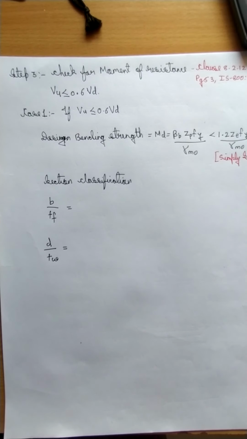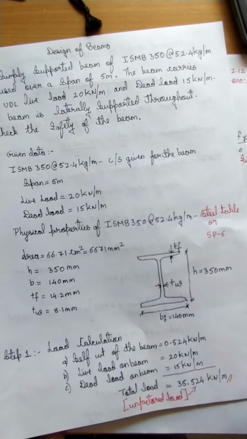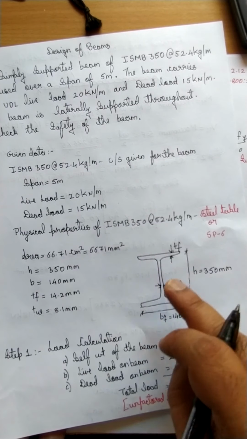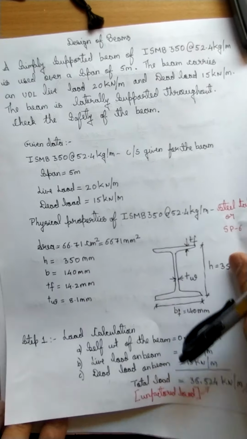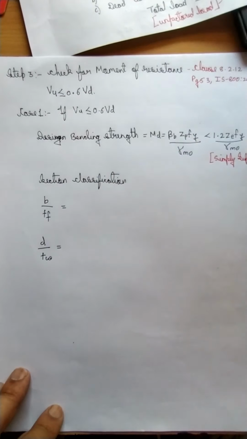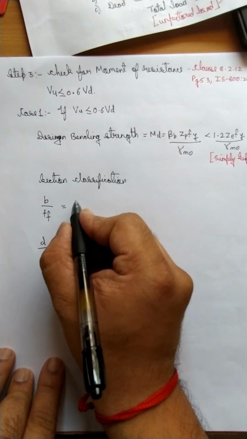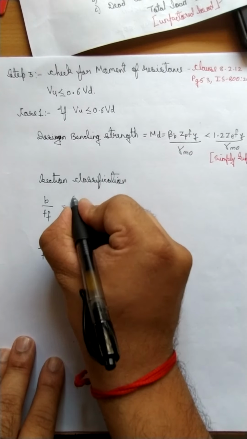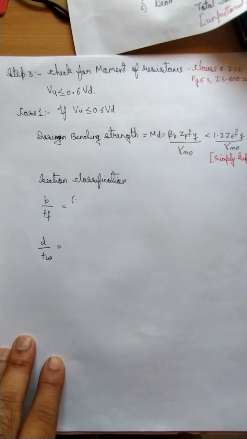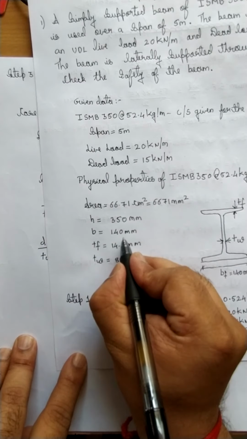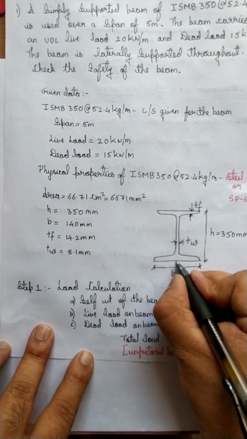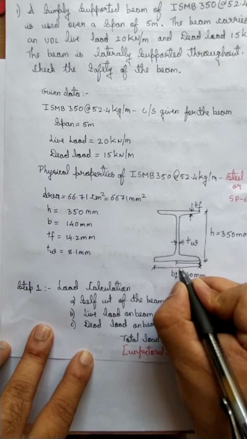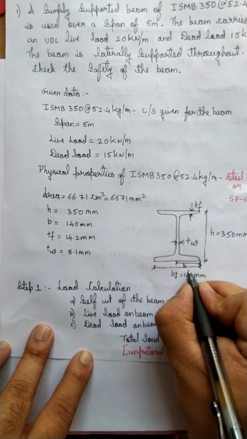We have already noted down the section which we have for ISMB 175. So these are the components. I will make use of this and calculate. So here B is what? Outstand of the flange. So the value of B is 140, but as per us this component is B. So what is this B?